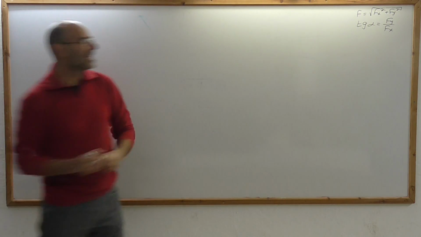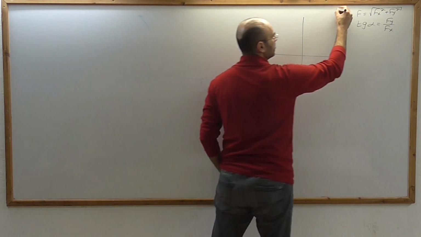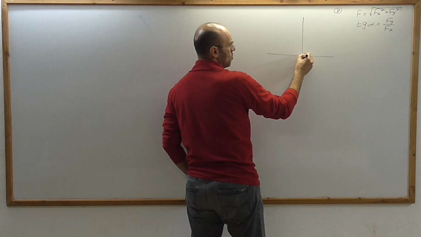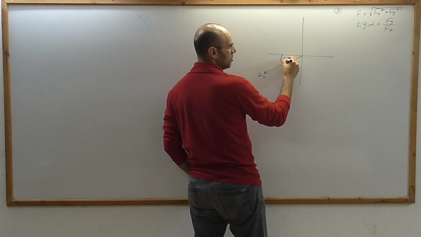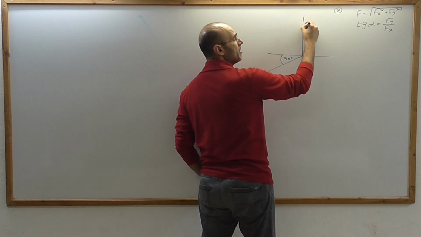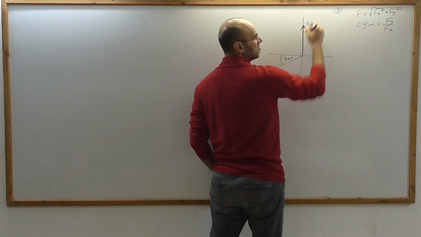Now let's continue. Let's say I have three vectors. One is here, force 20, let's say 30 degrees. One there, exactly on the y pole, let's say 30.